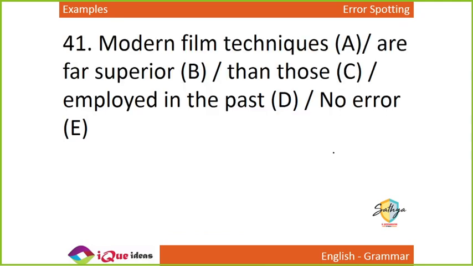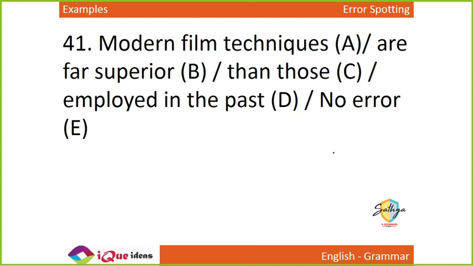Modern film techniques are far superior than those employed in the past. When doing these questions, I need to be very careful because automatically the correction comes to, it's very difficult to read out the incorrect part. Right? With superior, automatically, we don't say superior than.